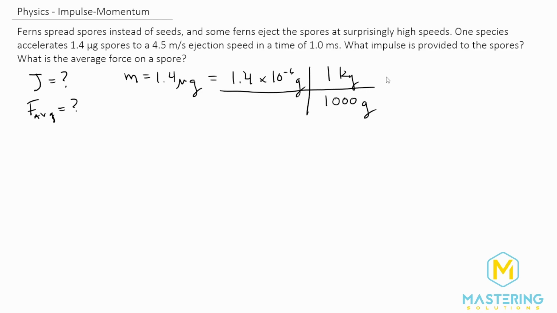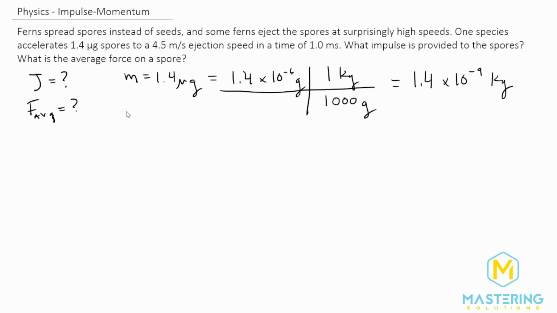So now if we divide that, we're essentially moving the decimal place over another 3, which is going to give us 1.4 times 10 to the negative 9. We started with negative 6, add another negative 3, 10 to the negative 9 kilograms.